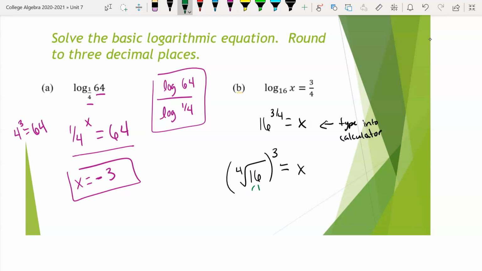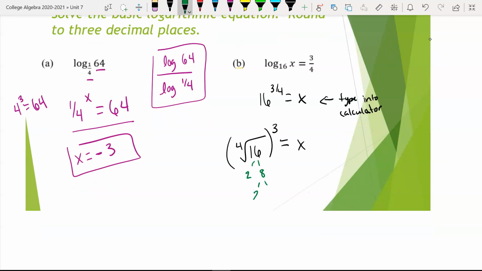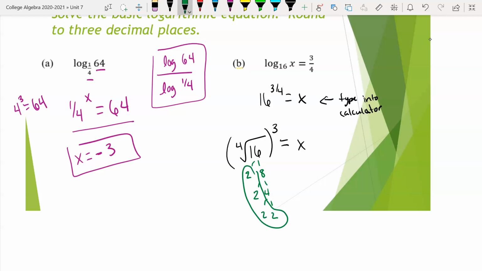If I think about this, I'm trying to make a group of four of the same number. So I can get four 2's. So the inside simplifies to 2, and then I'd raise it to the 3rd power. So 2 to the 3rd would be 8, and that would give you your answer. Or again, if you type it into your calculator, you should get 8.